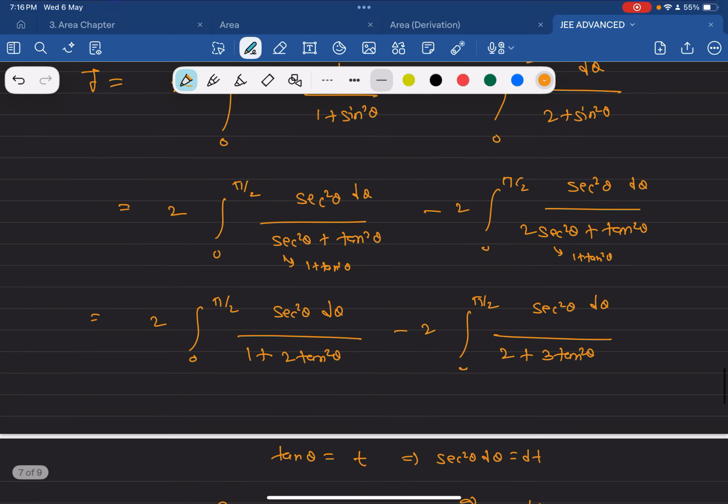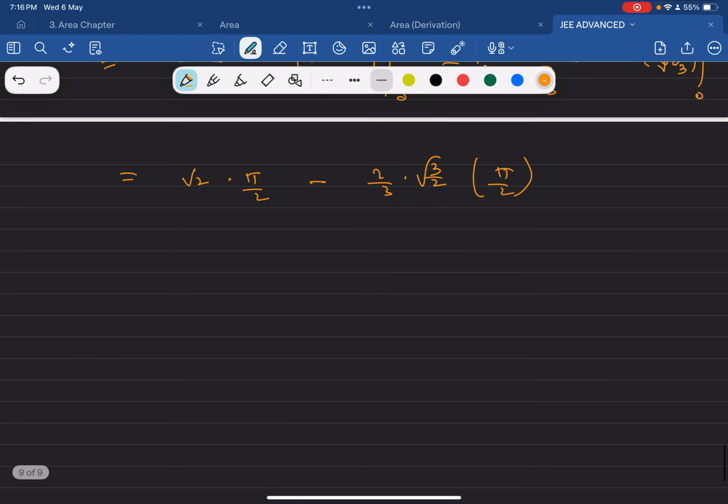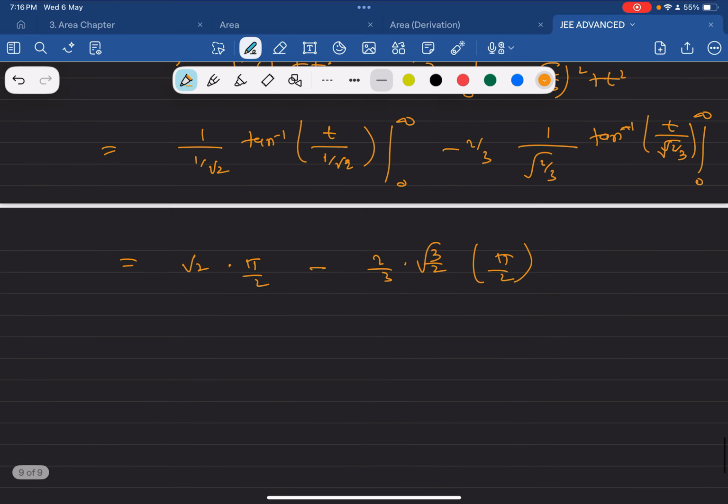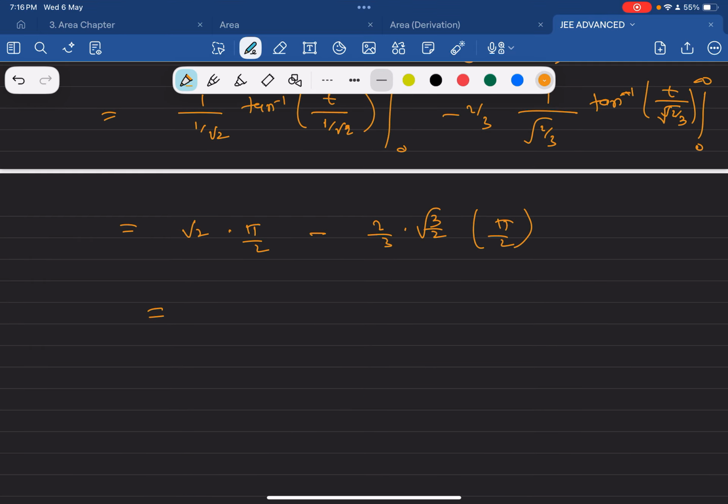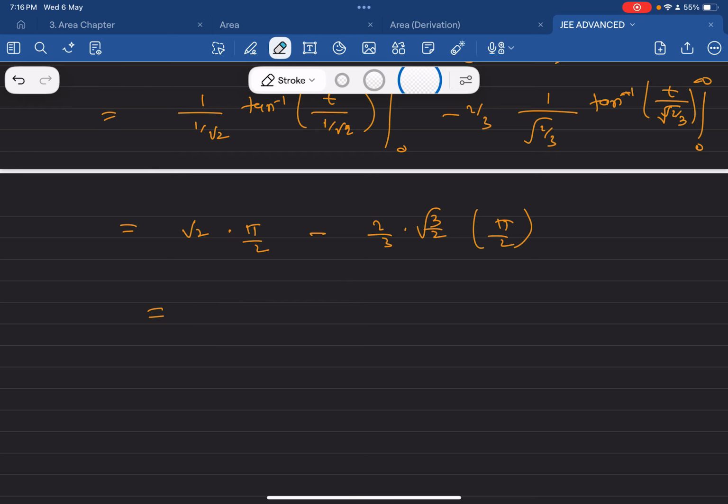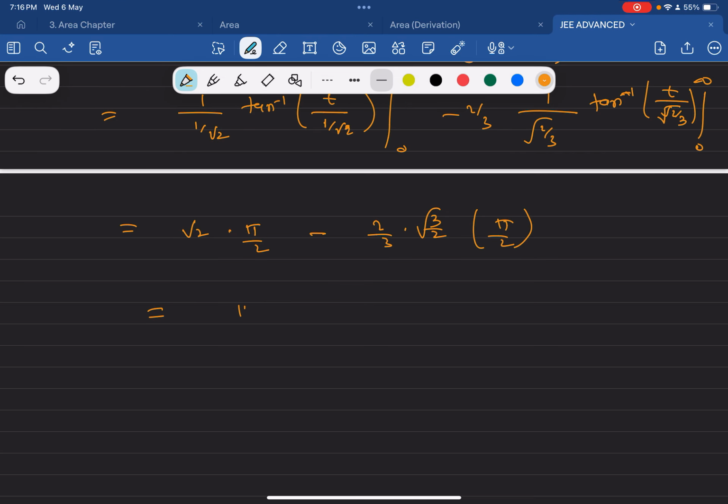So what is the answer which we are going to get now? Pi by 2. So we are getting pi by 2, and I think we should take common. If we take pi by 2 common, this will be root 2 minus 2 by 3 into root 3 by root 2.